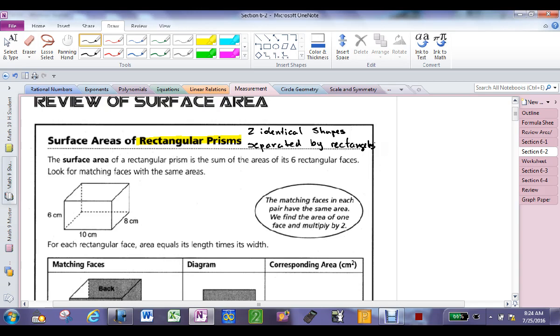All right? I know. It's crazy, right? That's how hard this is, and yet people fail this test. I don't understand it. I'm going to take my red pen and outline a rectangle. Has that rectangle been repeated? Yes. Where? At the back. Everybody with me?